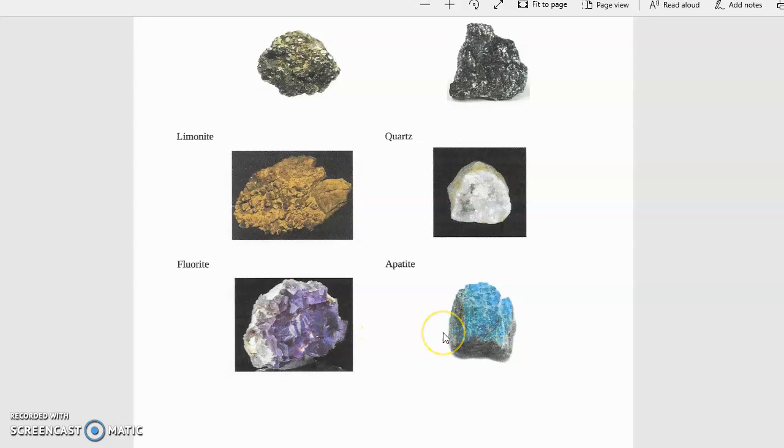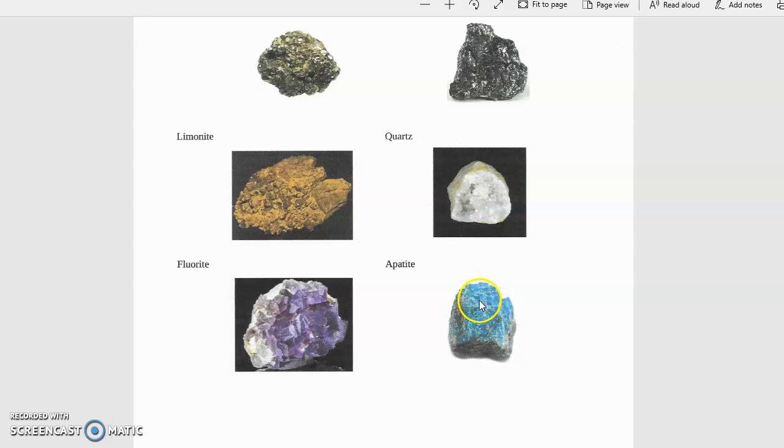The apatite varies in color. This right here is one of the nicer versions of it, but there's quite a variety of those. And this is vitreous, and actually has kind of a greasy feel to it. It's white when you grind it all down. Its hardness is 5. It has imperfect breakage or fracture patterns.